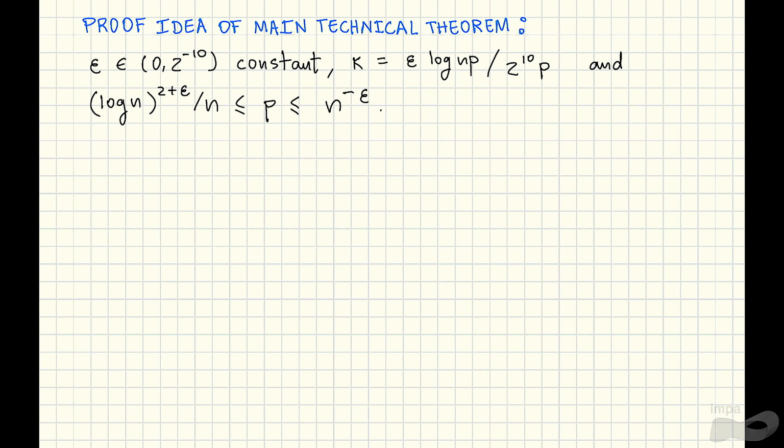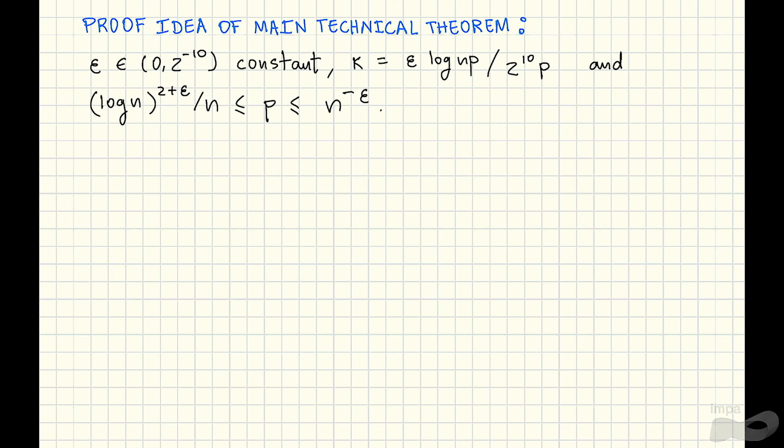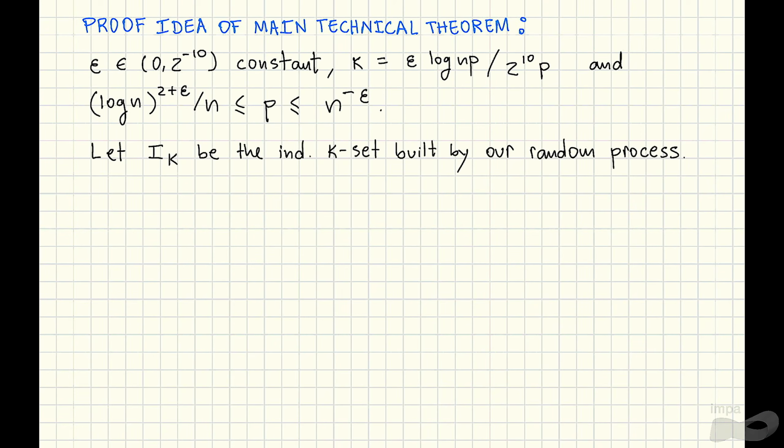Now I gave you the history of this parameter, and I'm going to briefly show you the main idea behind why the independent set given by this process covers the non-edges and the vertices uniformly. Let k be a constant times the independence number, with p in the range we are interested in.